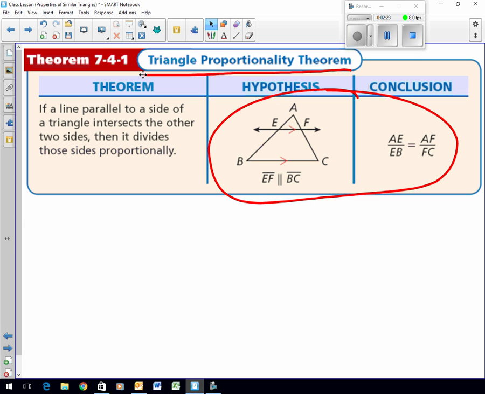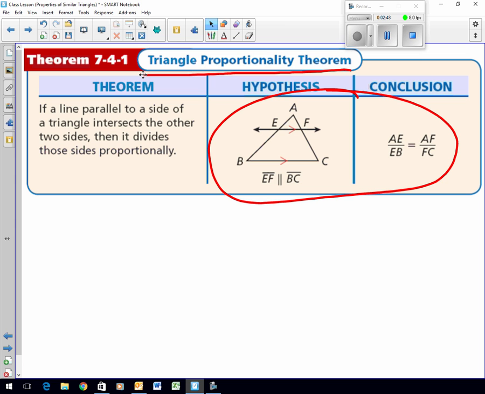If a line parallel to a side of a triangle intersects the other two sides, then it divides those sides proportionally. So if a line is parallel to any of the sides of the triangle and it intersects the other two sides, it will divide them proportionally. How does it divide them proportionally?